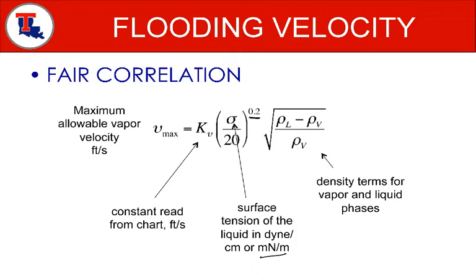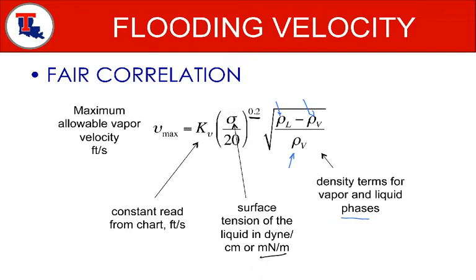Then rho L, which is the density of the liquid, over rho V, the density of the vapor, again raised to a power. Now, does it matter which unit these densities are in? It does not matter because it's a ratio. So that's the reason why I didn't mention the density units over there.